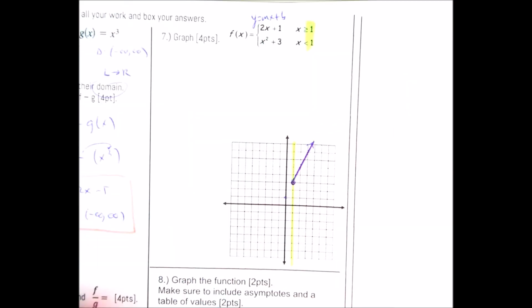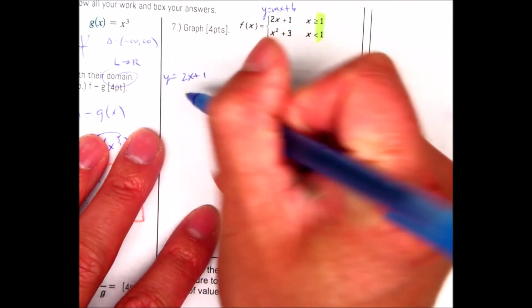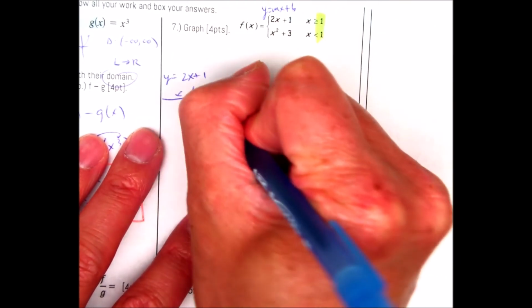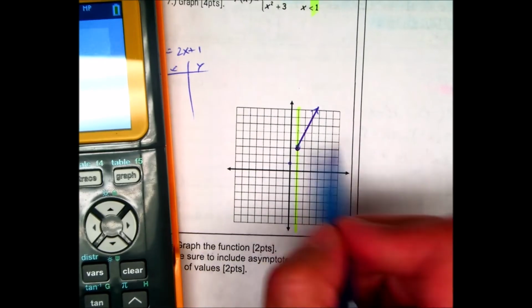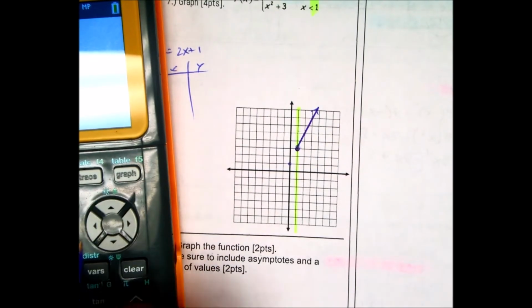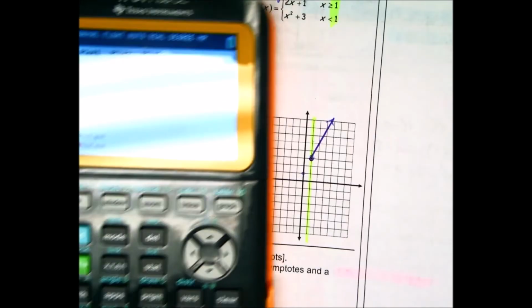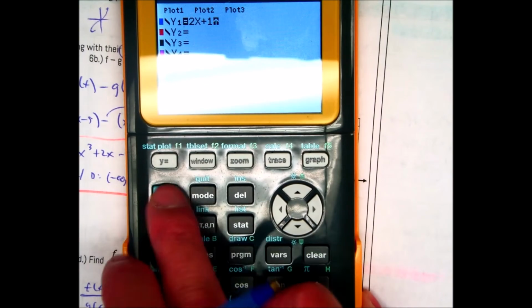And if you ever get stuck, you can always just make a table of values and go through on your calculator and get a couple of values. You want them on the positive side of 1. Enter 2x plus 1, then go to second table set.